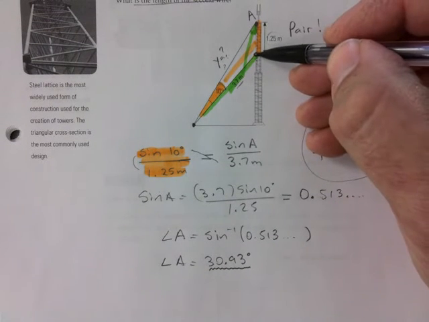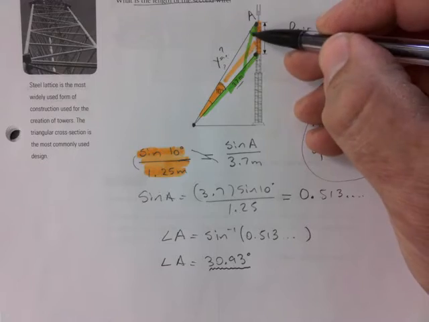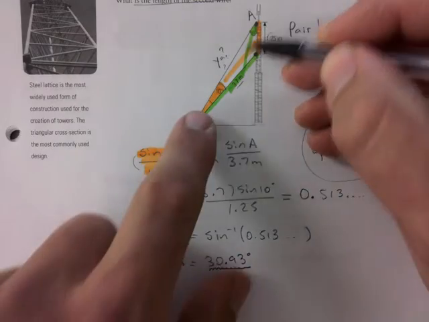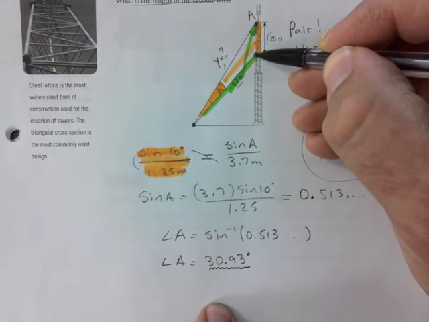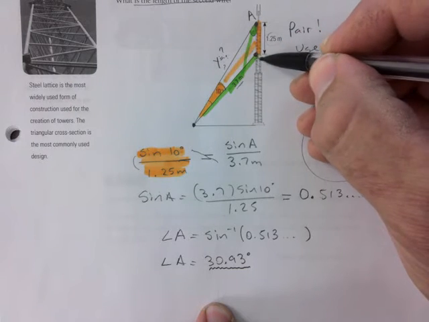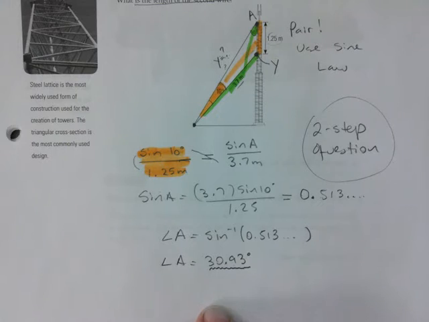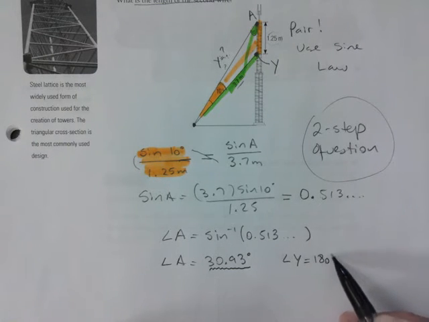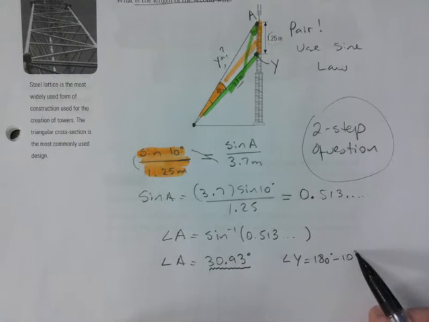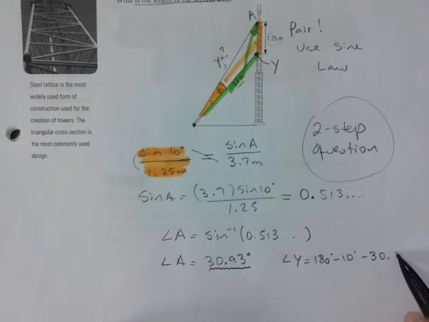My goal here is to find this angle, which I just did. When you have two angles, you can find a third one and then find that side. Let's call this, I will call this capital Y. So capital Y is 180 minus the 10 minus 30.93.